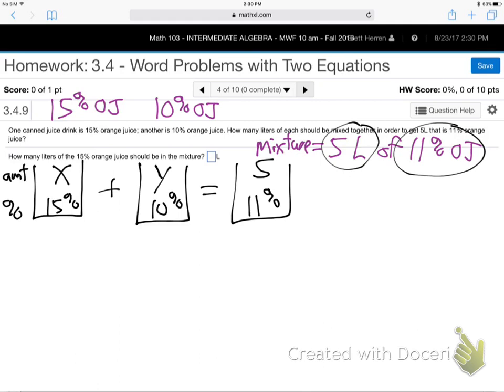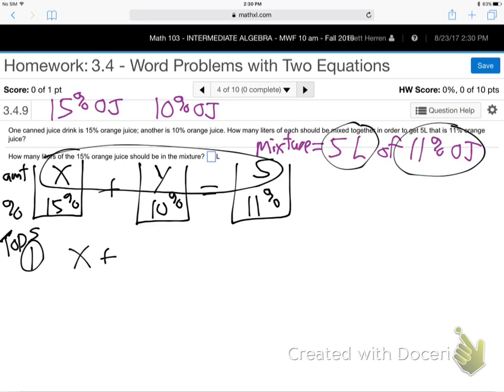And then we've got to get our equations. How do we get our first equation? It's right across the tops. So X plus Y is 5. The second equation comes from multiply.